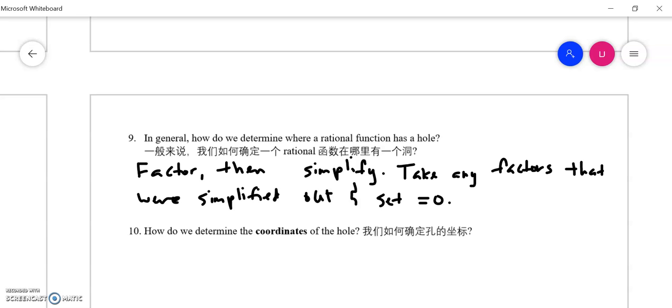What this does is this gives us the x coordinate of our hole.